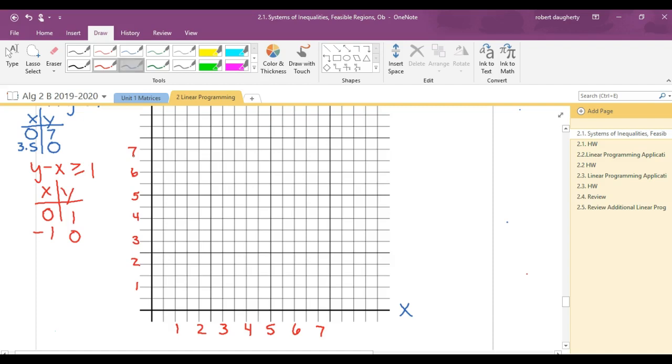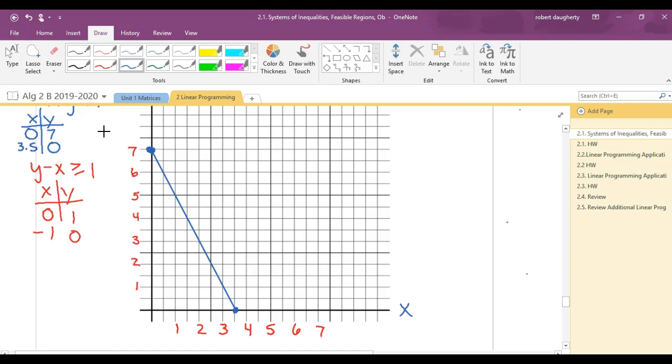Okay, let's take care of the blue line first. The blue line goes through 0, 7, and then what's the other point it goes through? 3.5, 0. So that is right here. I'm going to draw a line through that. Okay, that is my blue line.